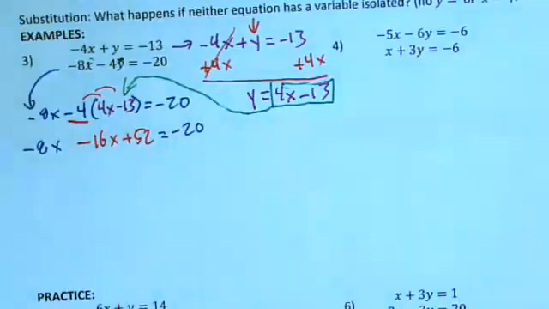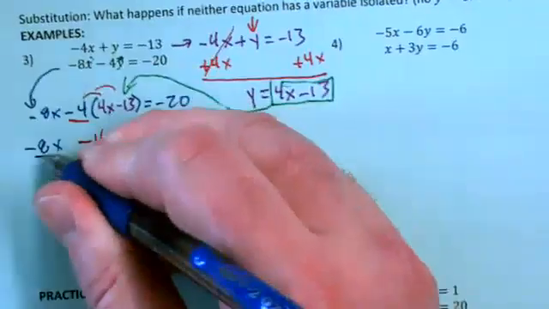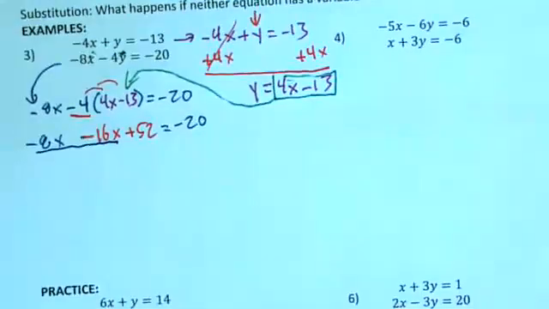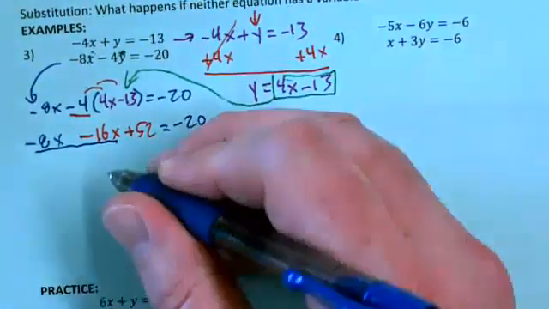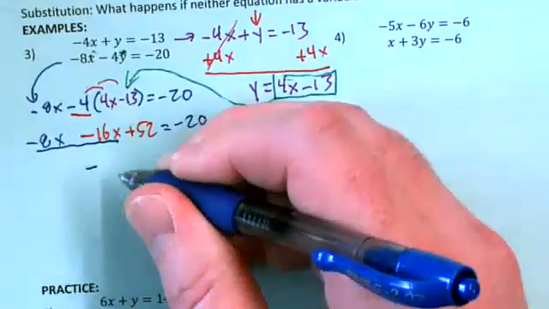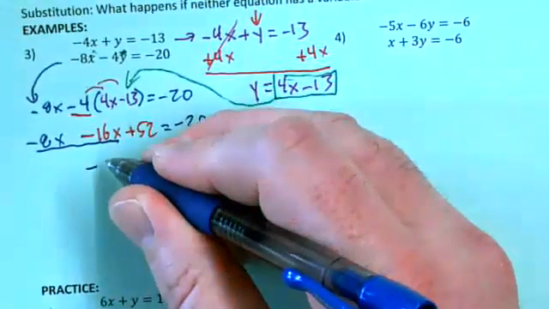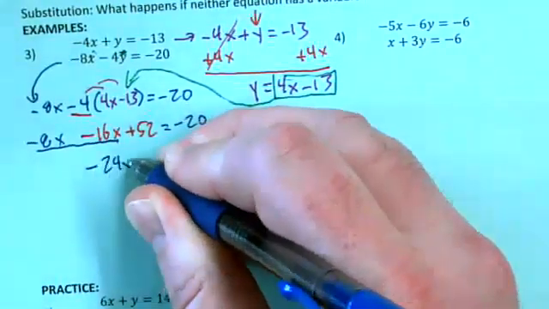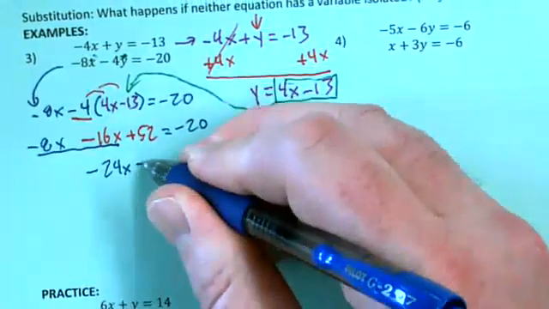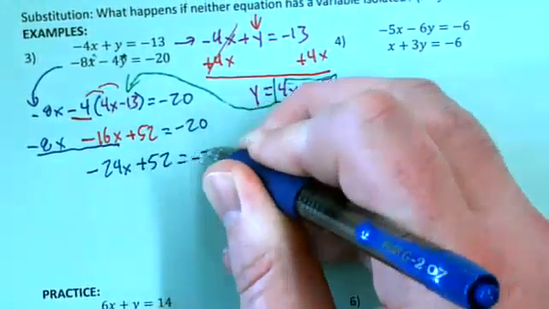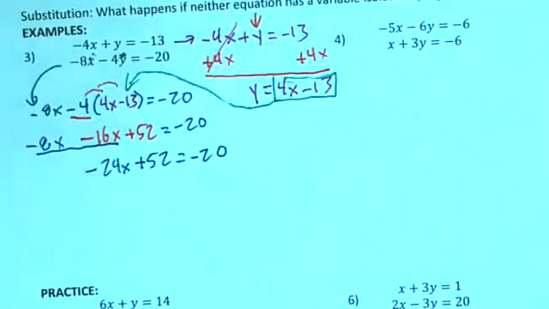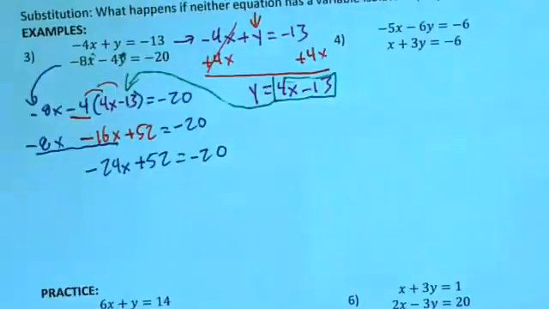All right, I see a couple x's. These are both on the same side of the equals, so we can stick those together. Negative 8x and negative 16x is going to be an even bigger negative number. 8 and 16 is 24. All right, those are some big numbers, but that's all right.